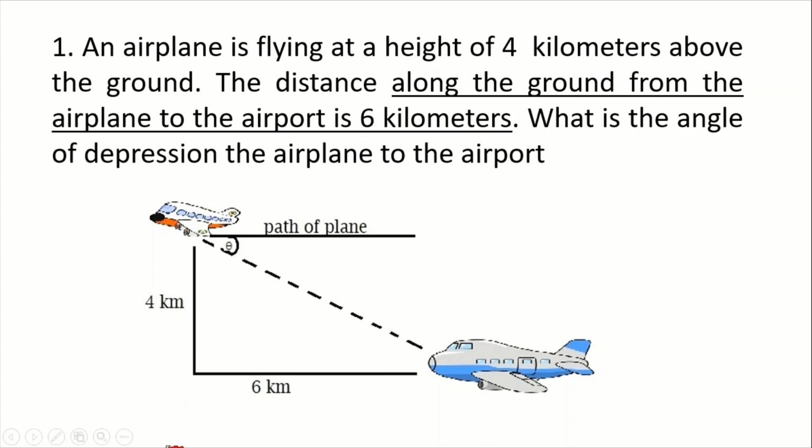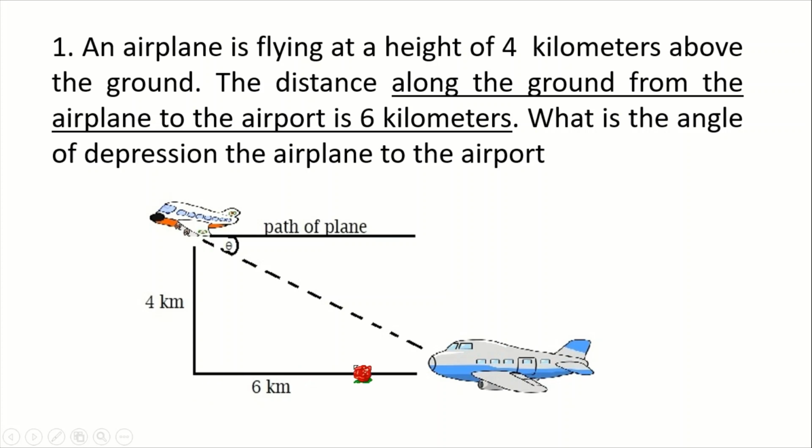First example: an airplane is flying at a height of 4 kilometers above the ground. The distance along the ground from the airplane to the airport is 6 kilometers. What is the angle of depression of the airplane to the airport? Alright, so dapat may question mark to. So let's say this is the airplane. And then yung airplane nasa itaas na siya pero meron siyang 4 kilometers na layo or taas from the ground.